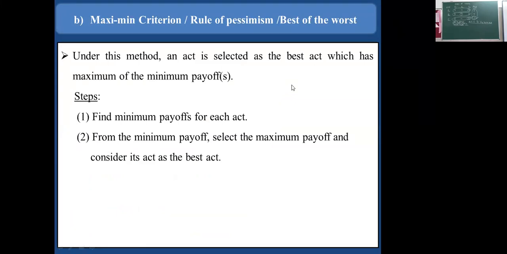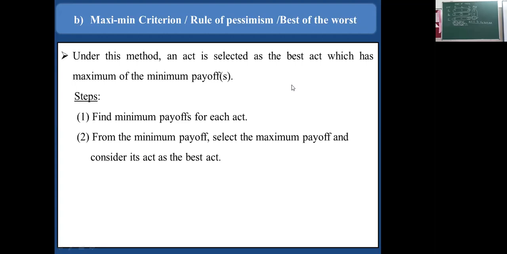So under this method, an act is selected as the best act which has the maximum of the minimum payoff. Here we have to follow certain steps. Step number 1, find the minimum payoff for each act. Step number 2, from the minimum payoffs, select the maximum payoff and consider that act as the best act.